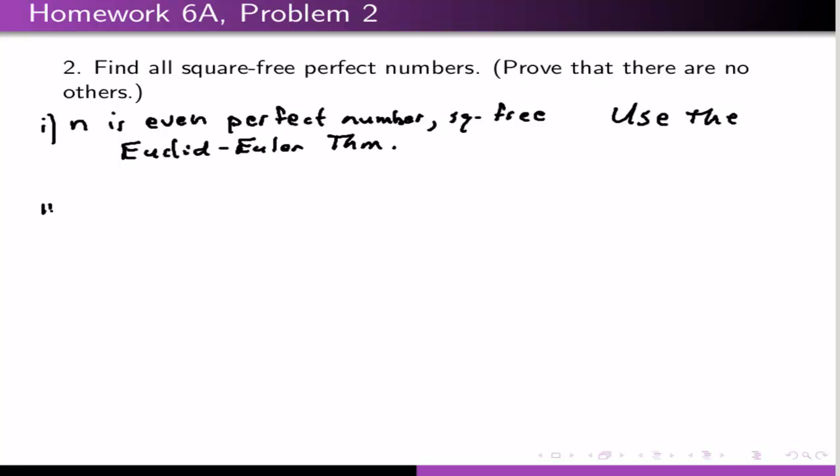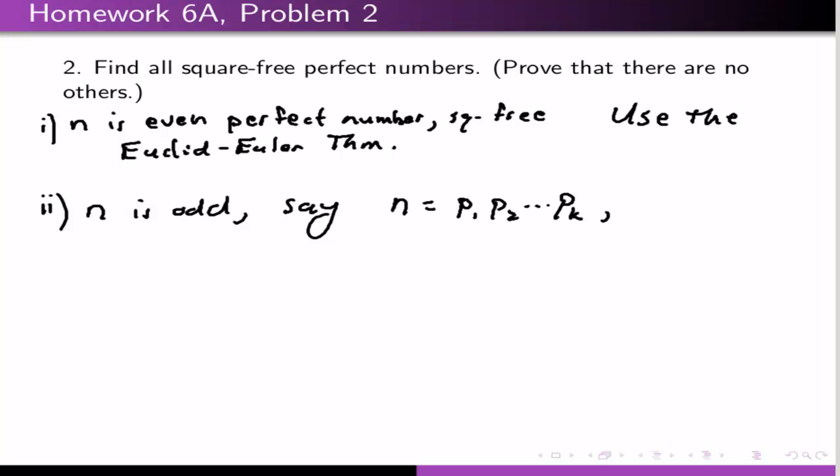And then the second case is n is odd, and it's square-free, so say it's p1, p2, up through pk, a product of distinct odd primes. And then being perfect, you've got sigma of n should be 2n, and just use the formula for the sigma function.